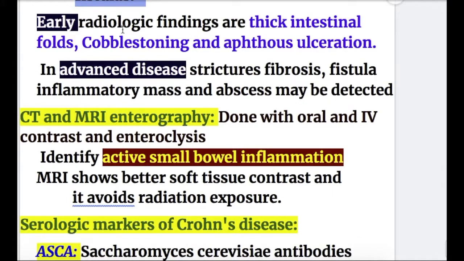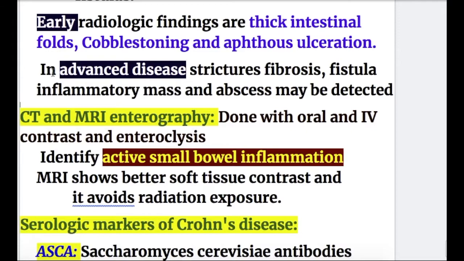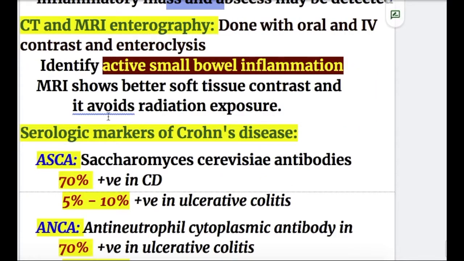So what are the radiologic findings? Early radiologic findings are thick intestinal folds, cobblestoning, and aphthous ulceration. And in advanced disease, there occur stricture, fibrosis, fistula, inflammatory mass, and abscess. Now, CT and MRI enterography are done with oral and IV contrast and with enteroclysis. They identify active small bowel inflammation.